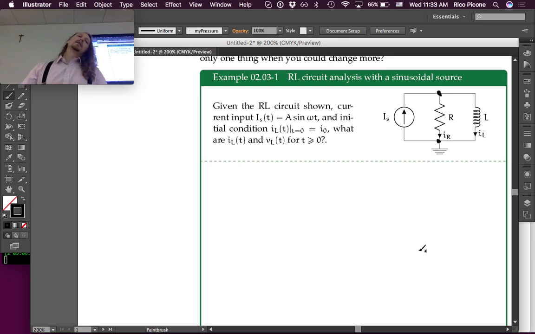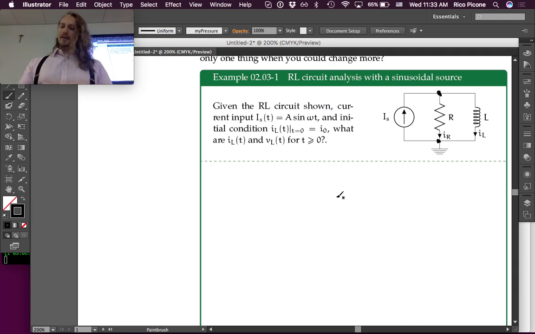What are IL and VL for all time greater than or equal to 0? So that's the problem before us. Sounds a lot like some of the homework.